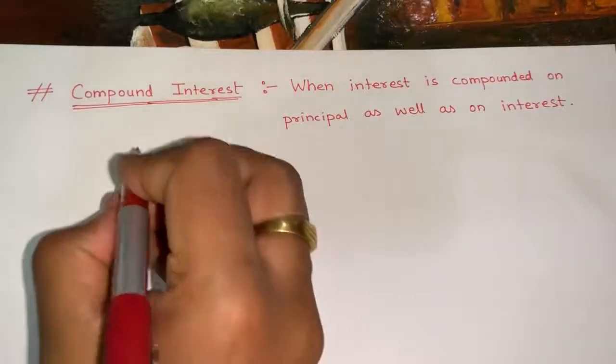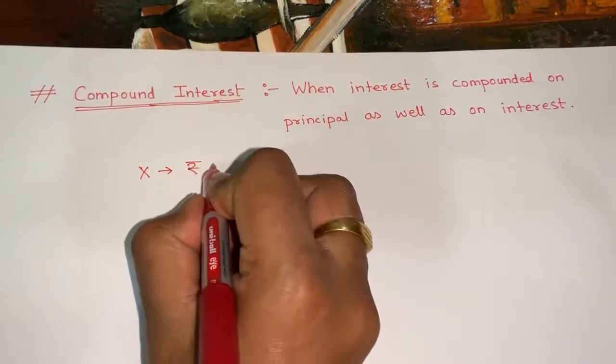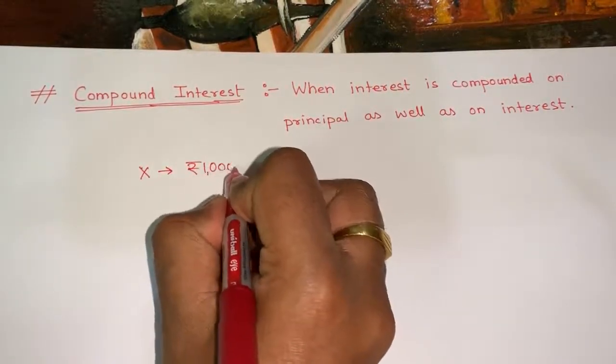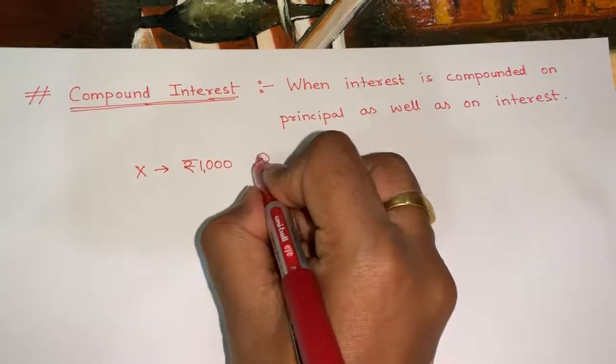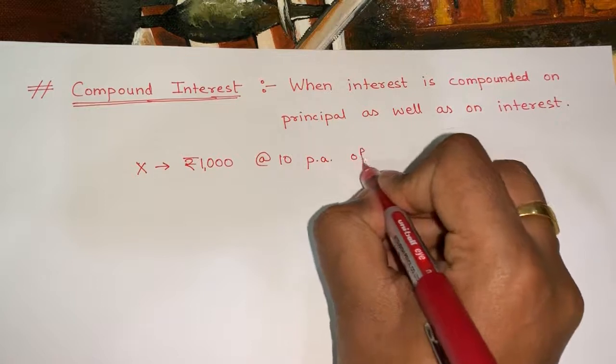Now let's assume Mr. X took rupees 1,000 as loan and he was charged at the rate of 10% per annum on simple interest.